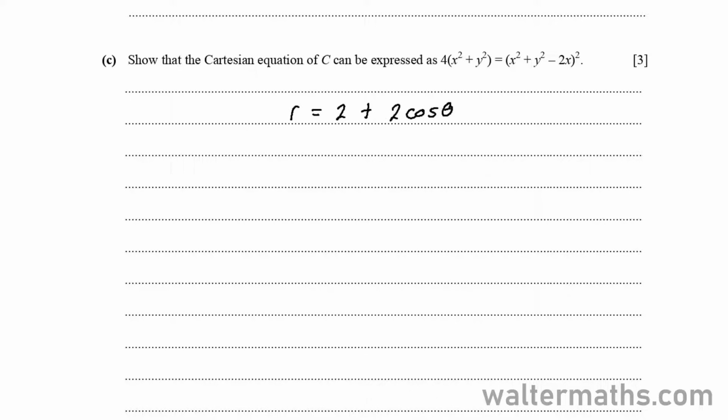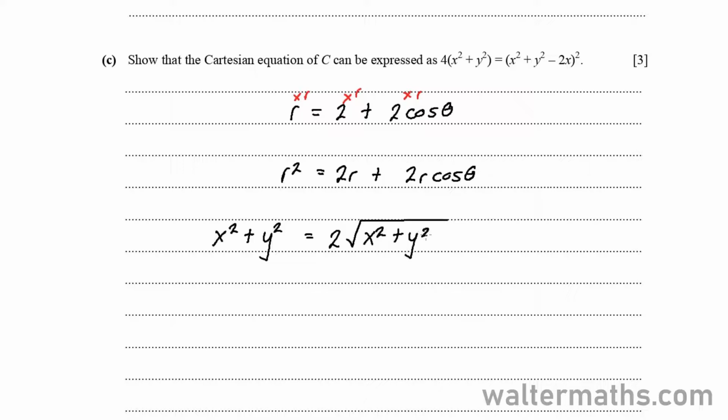Now what I'm going to do is multiply all the terms by r, which means I'll be having r squared is equal to 2r plus 2r cos theta. Now using these important results, r squared is x squared plus y squared, and it's equal to 2 of r, which is the square root of x squared plus y squared, plus 2 of r cos theta.